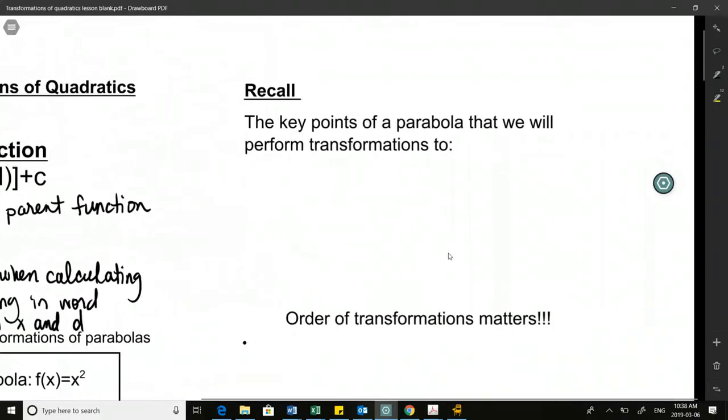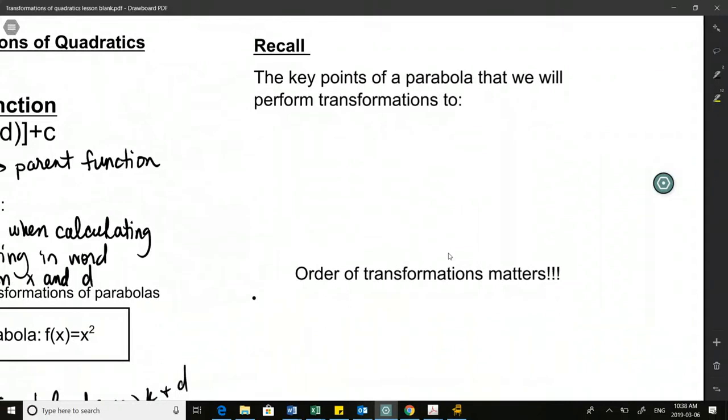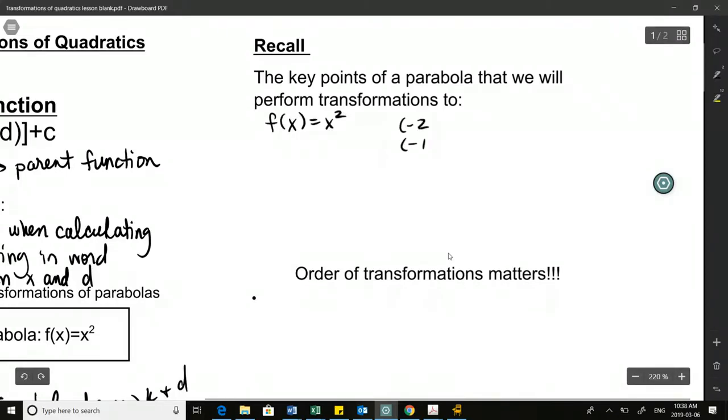Okay. All right, so if you recall, when I have the function x squared, my main key points that we talked about were choosing the x's that just give us a good spread of points on the quadratic. I want some on the left side of the vertex, and I also want some on the right side of the vertex.